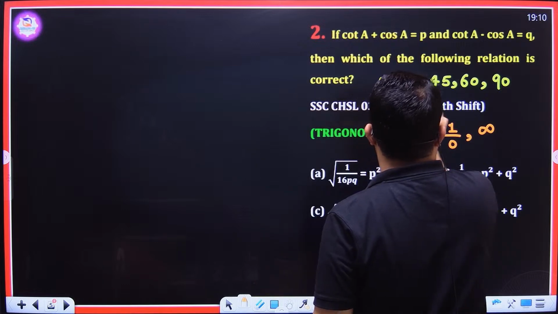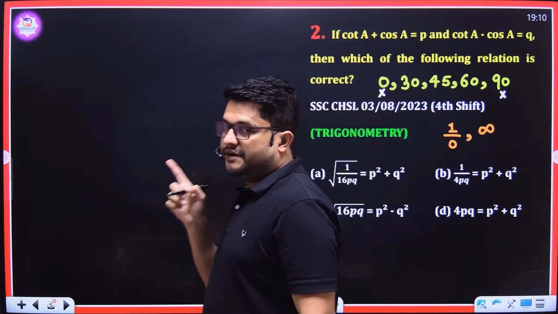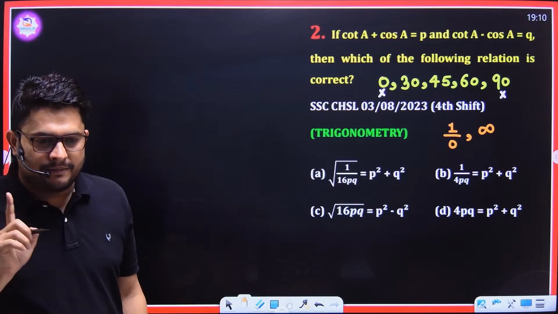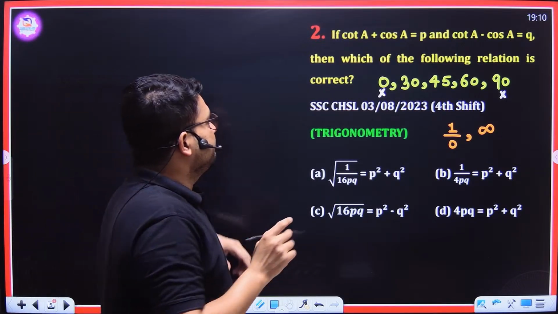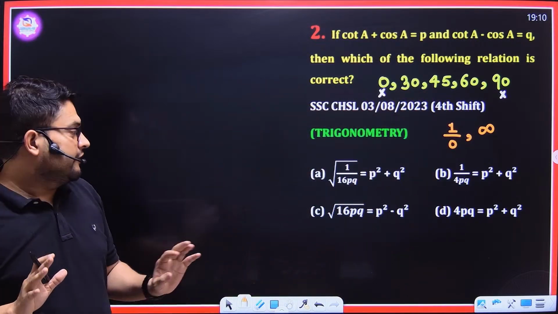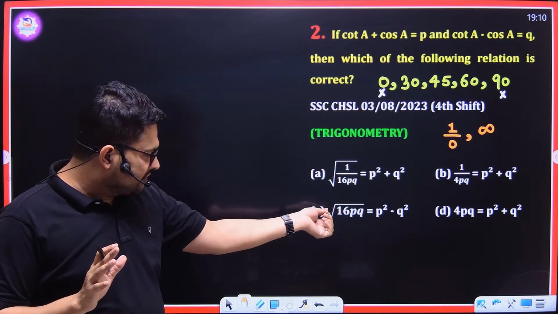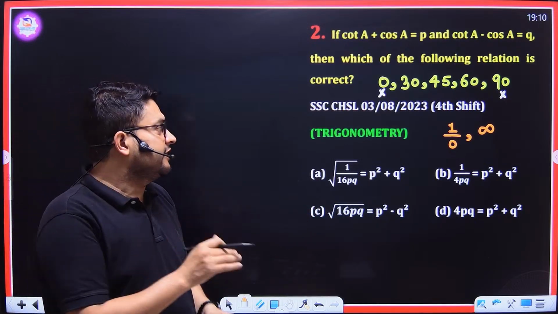And 30 degree and 60 degree will make your question more complex. How? Because 30 and 60 will give you root 3, and if you put the root 3 in this root, then it will become a more complex surds and indices problem.